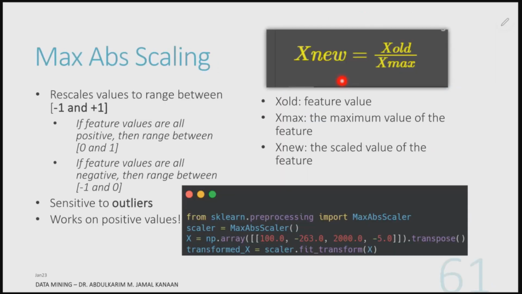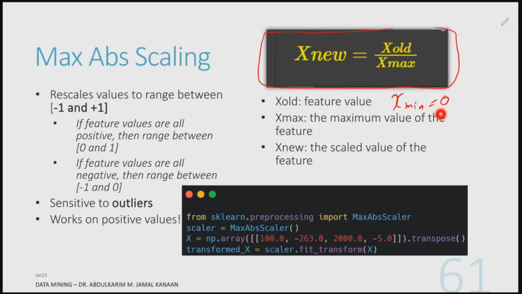Another scaling is called max ABS scaling. Max ABS is simply the same as min-max. The only difference is x-min equals 0. If you substitute x-min equals 0 into the min-max equation, you will get this equation: x normalized equals x old, the old value, divided by x max, right?